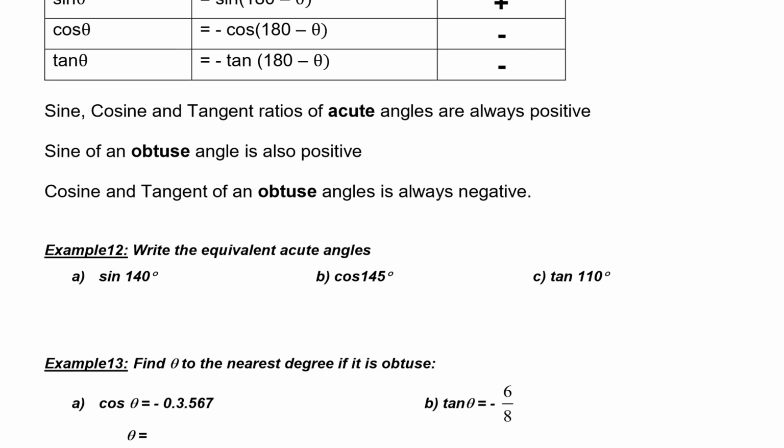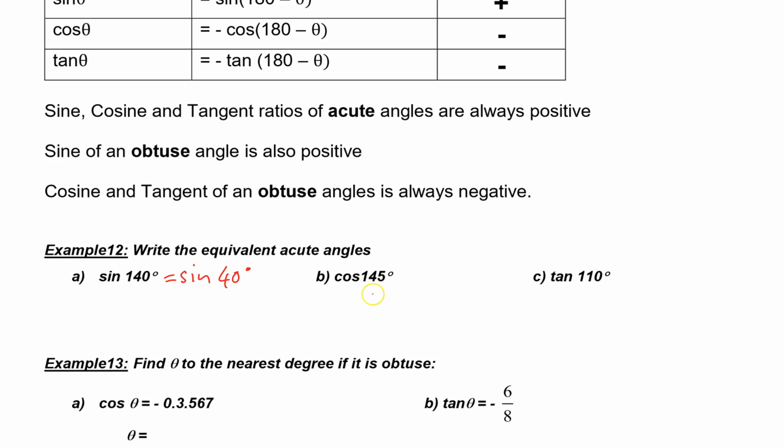So here we go, equivalent acute angles. Sine of 140 is equal to the sine of 40, since they add up to 180 degrees. If I type in sine 140 minus sine 40, I'll get 0.